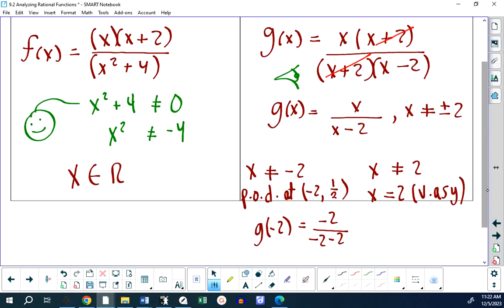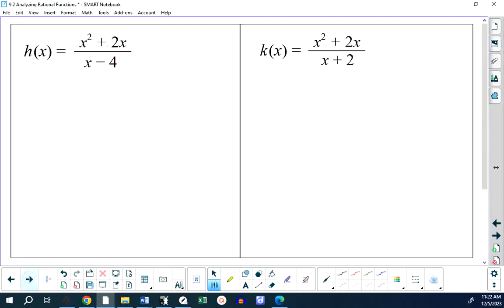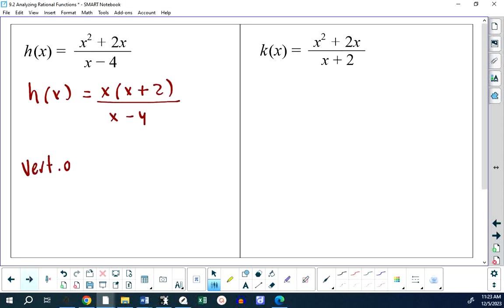Any questions with f of x or g of x? Okay, x squared plus 2x over x minus 4. Okay, well, we have a vertical asymptote at x equals 4.